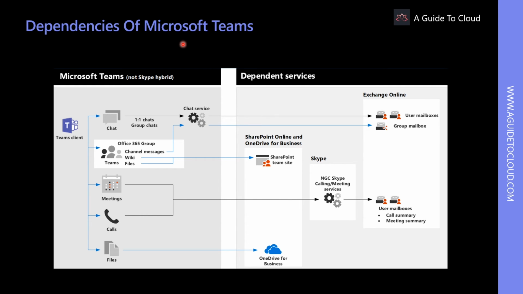For example, Teams uses Exchange Online to send and receive distributed emails. It stores data processed by the chat services that is built into your Skype for Business, voice services such as conferencing and meetings. So this diagram shows the existing dependencies from Teams to the traditional Office 365 services.